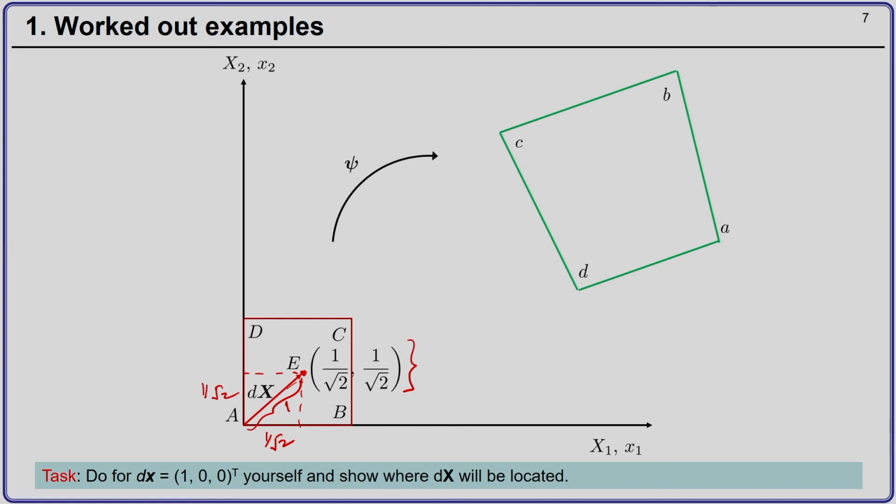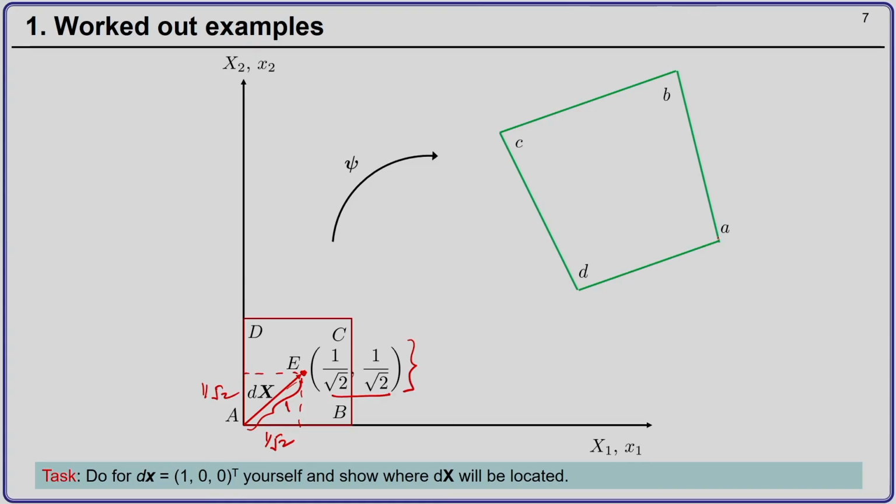Now, we want to see where this vector goes. The coordinate of point E is nothing but 1 by root 2, 1 by root 2. Using our deformation mapping psi, we can see the location of point E. Point A we already know has gone here, so one end of the vector has gone here. Now we want to see where the other position is.